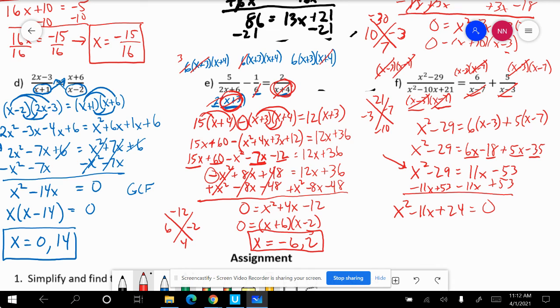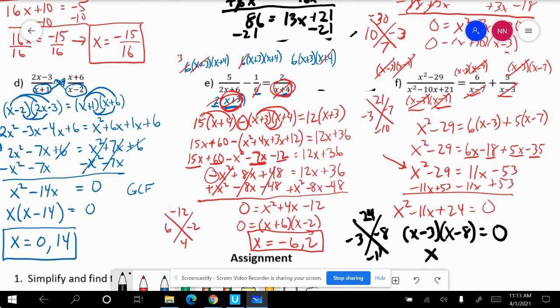I'm looking for two numbers that multiply together, give me 24, add up to negative 11. That would be negative 3 and negative 8. So I have x minus 3 and x minus 8. So I have x equals 3 and 8.